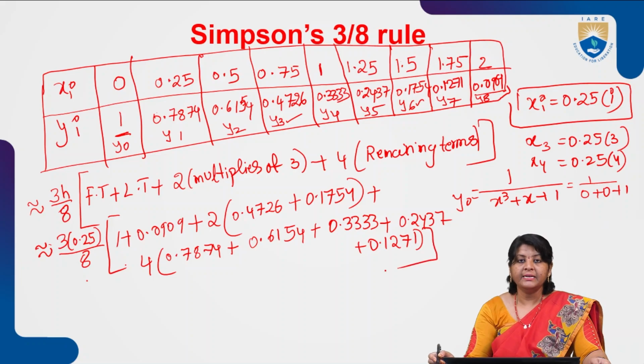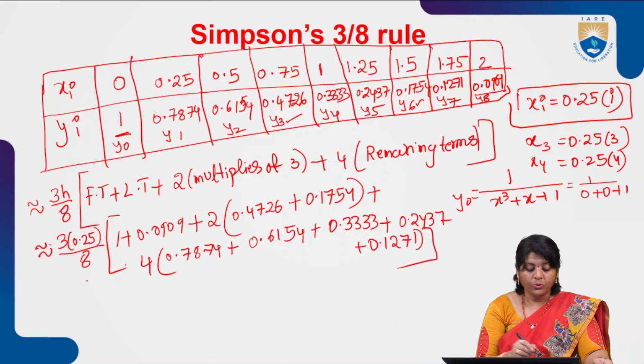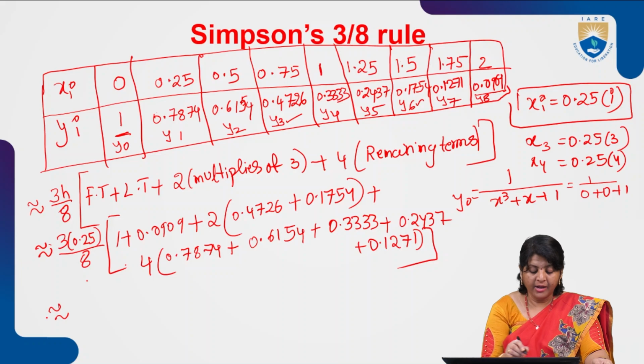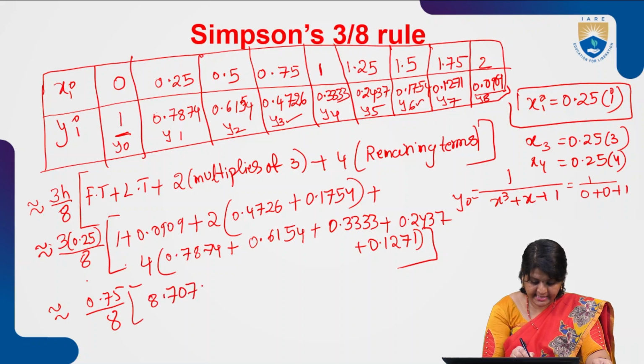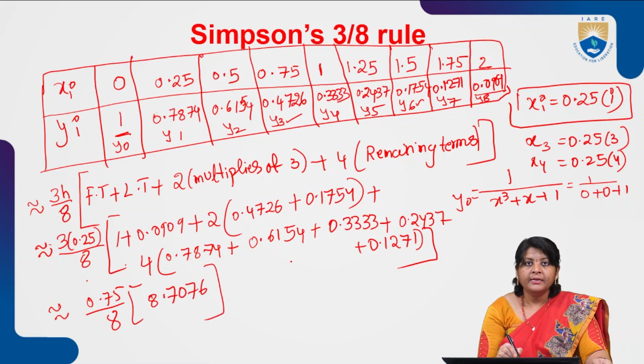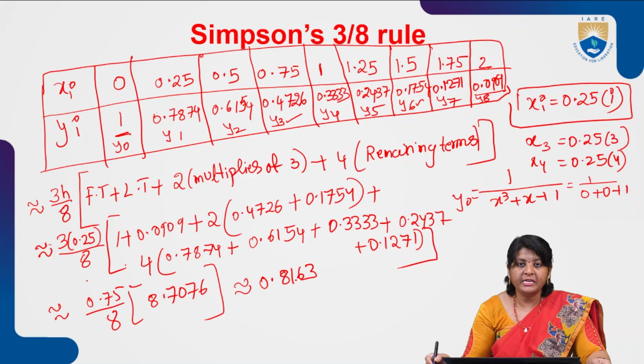All these are the remaining terms. Now, by calculating all these values, you will get 8.7076. The bracket value comes as 8.7076, and the result is approximately equal to 0.8163.